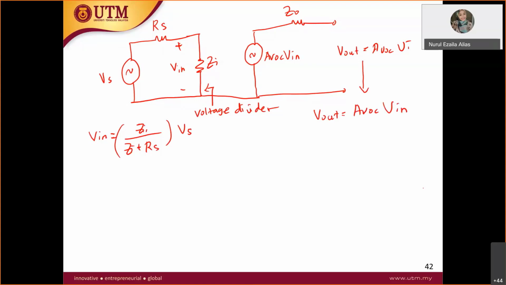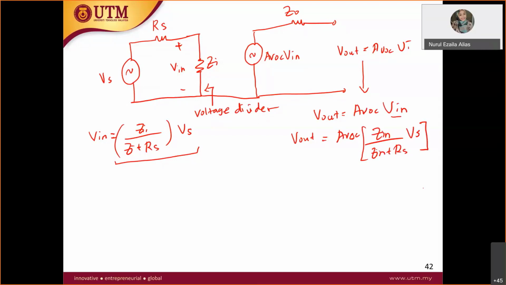From here, we have derived that V in is equal to this portion, Z in over Z in plus RS times VS. So we write again here. Therefore, we replace the V in with Z in over Z in plus RS times VS.